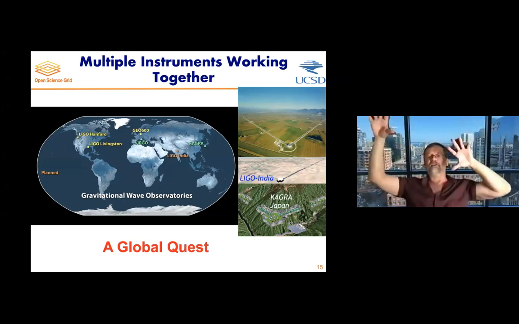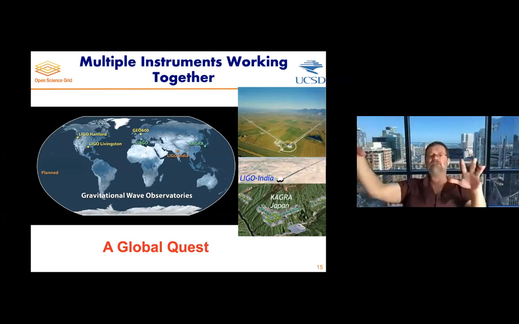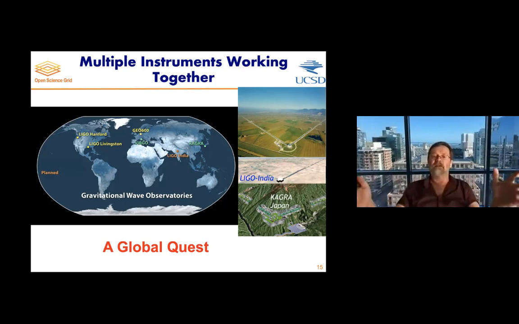They're going into space because in space you don't have seismic problems, a lot of the disturbances are gone. Of course, technically these are even more challenging, because you're now sending laser signals in space. But this is where it's heading.